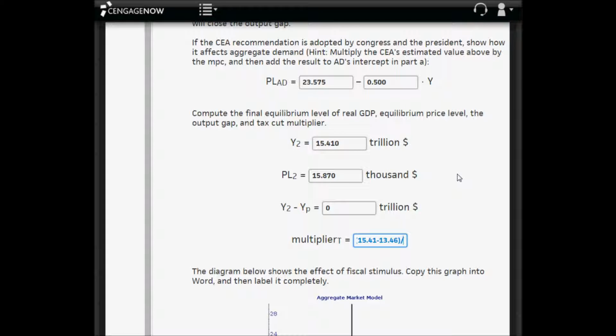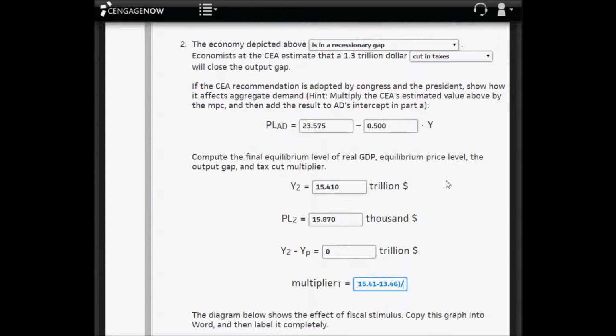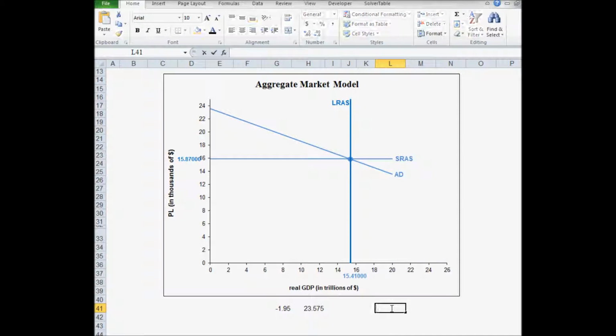We're going to divide that by the tax cut of $1.3 trillion. To compute that value, we're going to copy this into Excel. So when we divide the increase in GDP by the tax cut, we get 1.5.